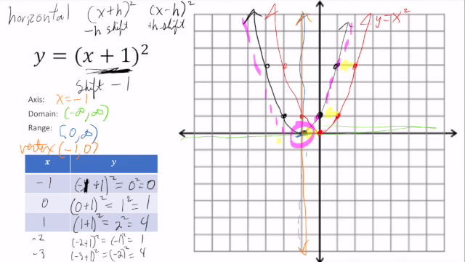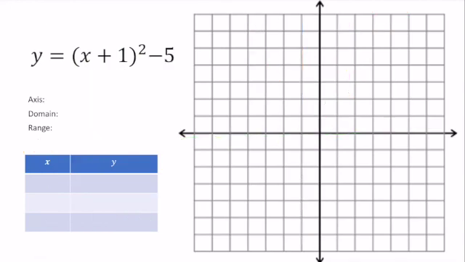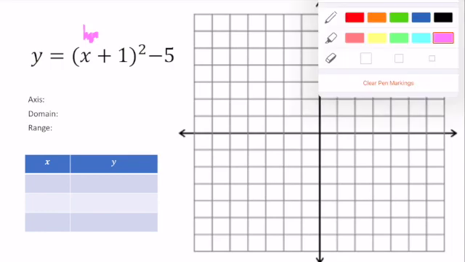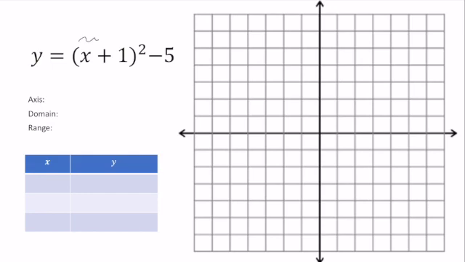So let's bring it all together. What if I have y equals x plus 1 squared minus 5? Okay. This is going to be my horizontal shift, and this is going to be my vertical shift.